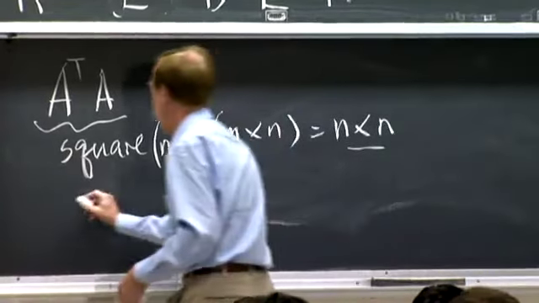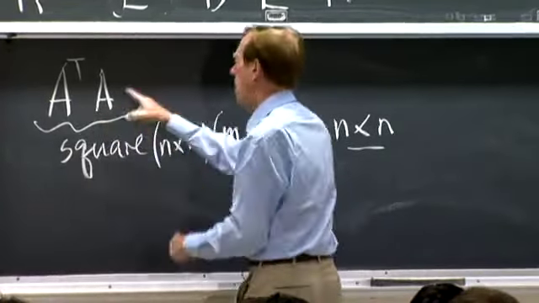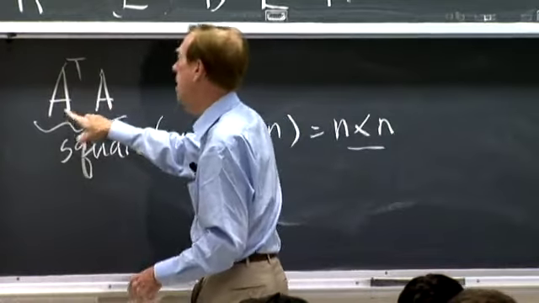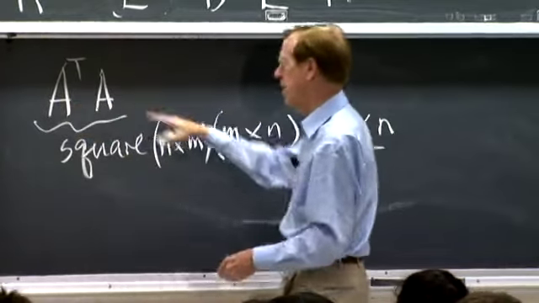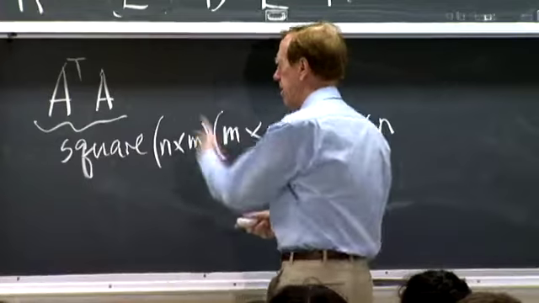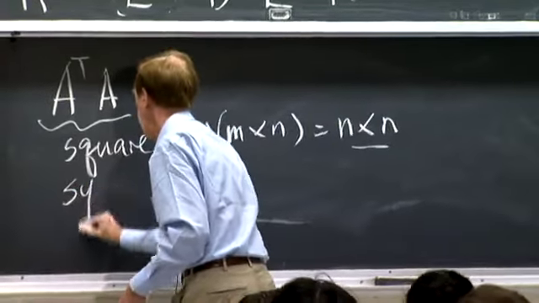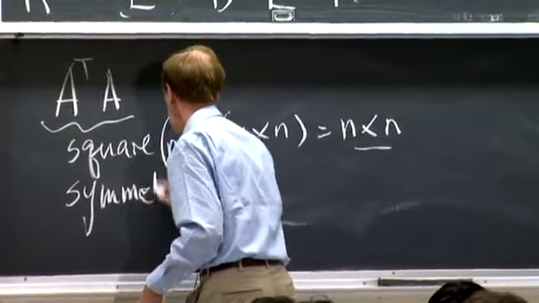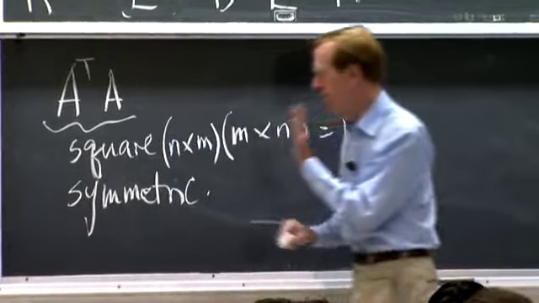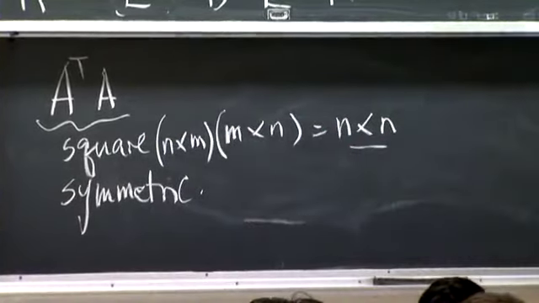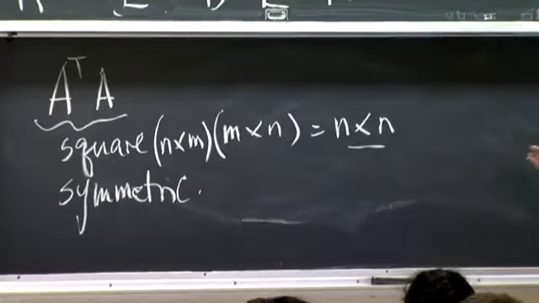It's symmetric, because if I transpose it, the transpose of A will go on this side, the double transpose will go on this side, but the double transpose is A again. So symmetric.